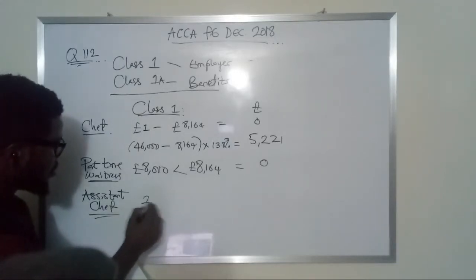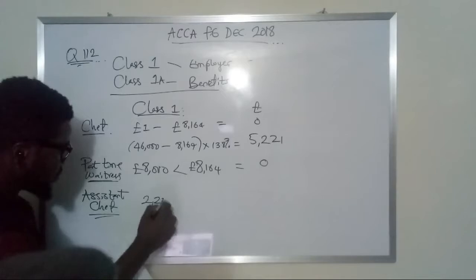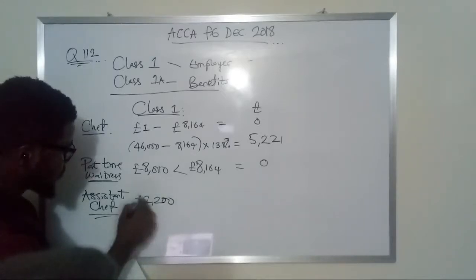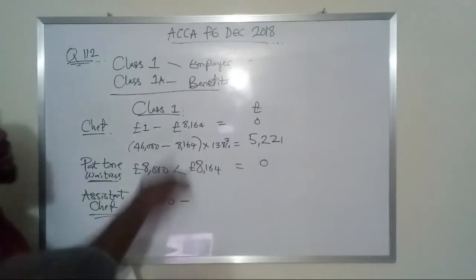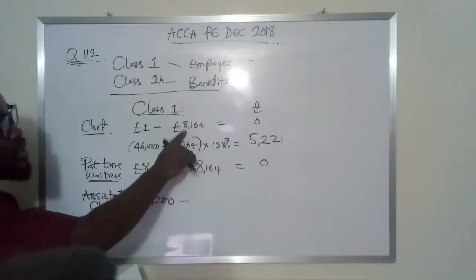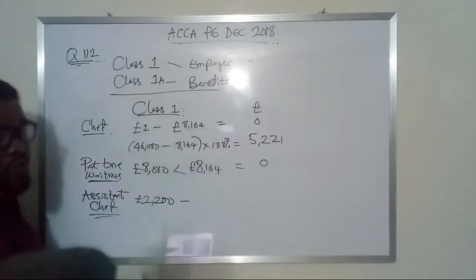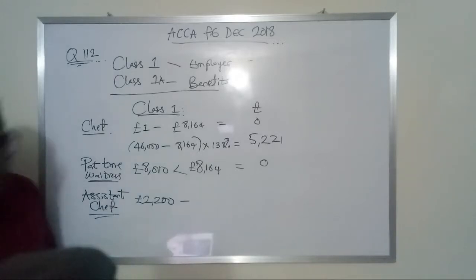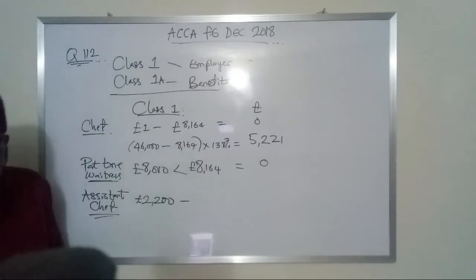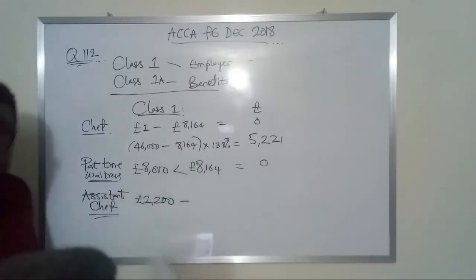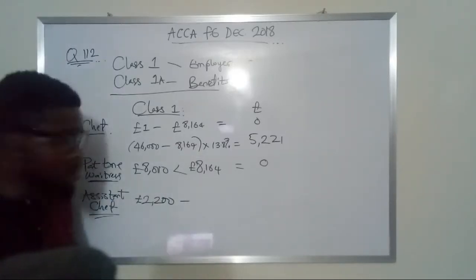I prefer to do it this other way. We say 2,200 minus, now this is on a yearly basis, 8,164 divided by 12 will give you 680. Because it's a monthly salary, it makes no difference. You can do it on a yearly basis or on a monthly basis.